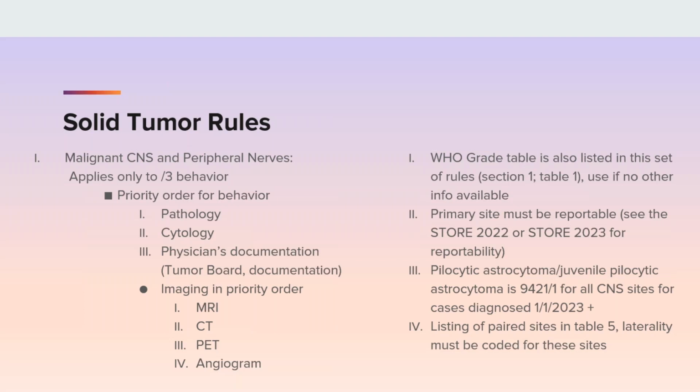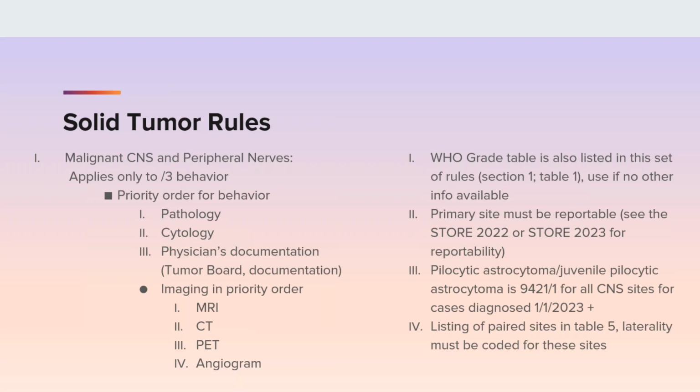This is going to be a 9421/1. If you're still working on 2022 and prior cases, and many people can be, then these are /3 behavior unless the primary site is optic glioma or optic nerve, which in this case would be a /1 non-malignant.